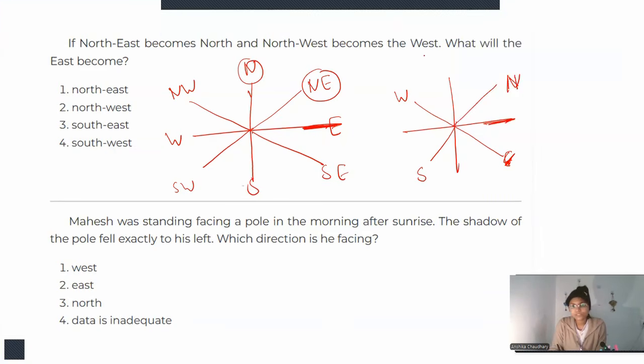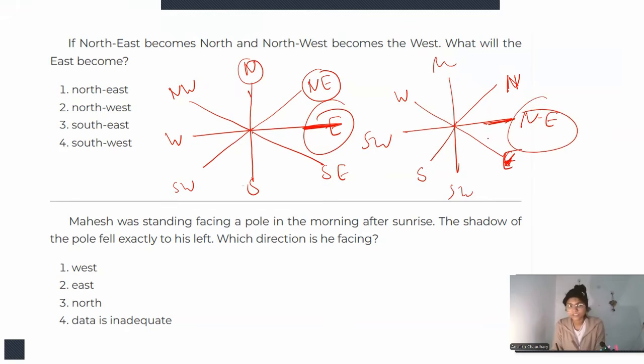After that, northwest becomes west. So the opposite will be east, right? Now north here, east here. So it would be northeast. It would be southwest. It would be northwest, and it would be southeast. So it is asking what will east become. So this east has become northeast, right? So northeast will be the answer. Let's move on to the next.